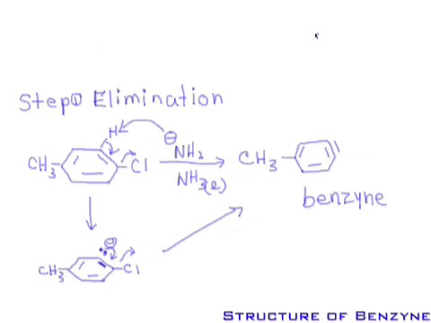Well, if we draw an edge-on view, you put in your 2p orbitals. Now I'm going to move if you don't mind, I'm going to rotate the ring a little so you can see it better.